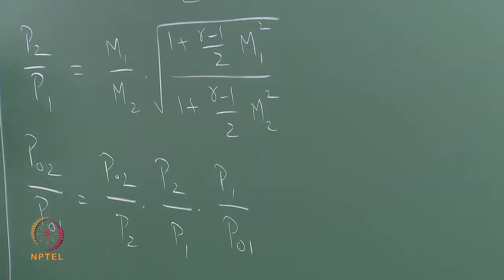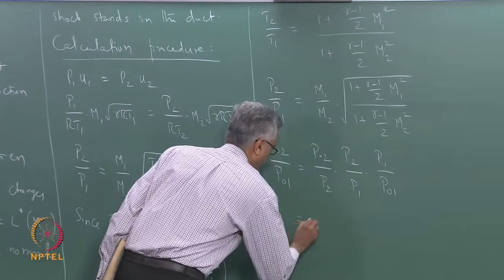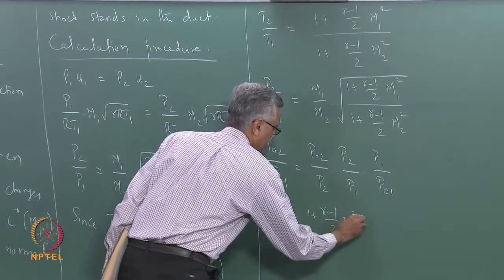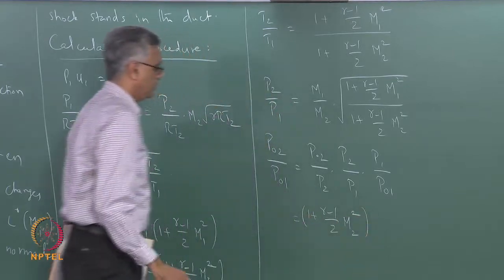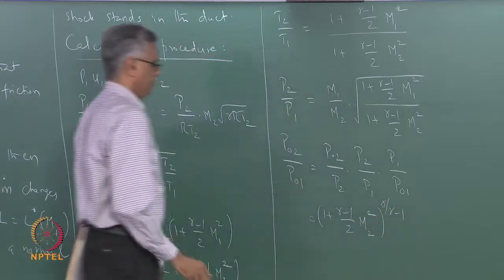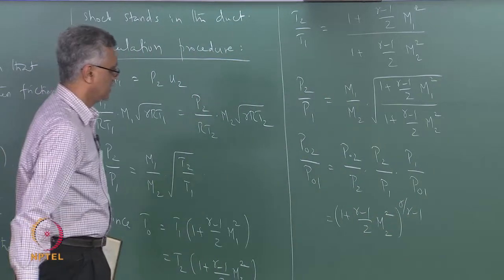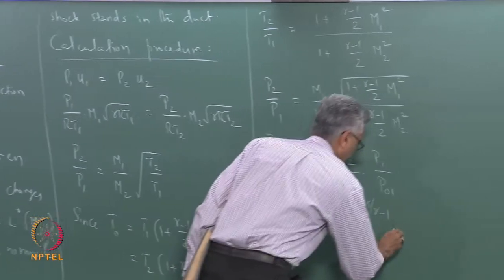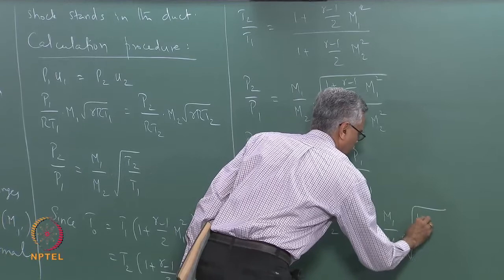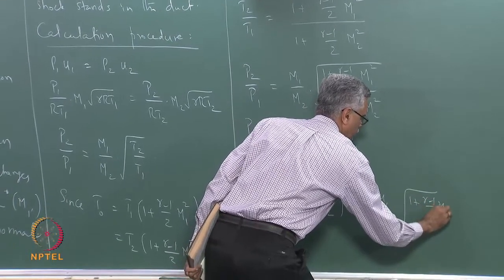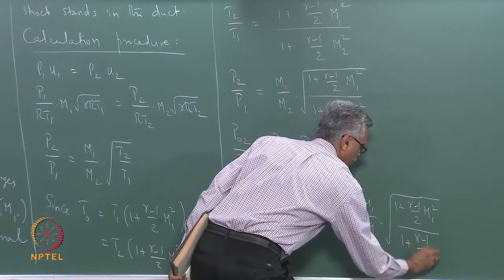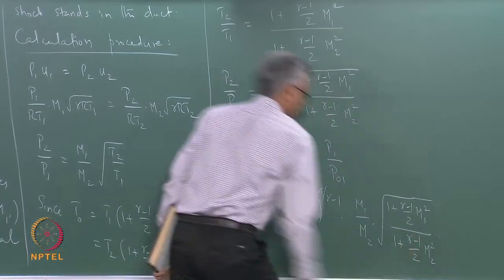And you know that P02 over P2 is nothing but 1 plus gamma minus 1 over 2 times M2 square raised to the power gamma over gamma minus 1, and P2 over P1 is given from here. So, this can be written as M1 over M2 times square root of 1 plus gamma minus 1 over 2 times M1 square divided by 1 plus gamma minus 1 over 2 times M2 square.